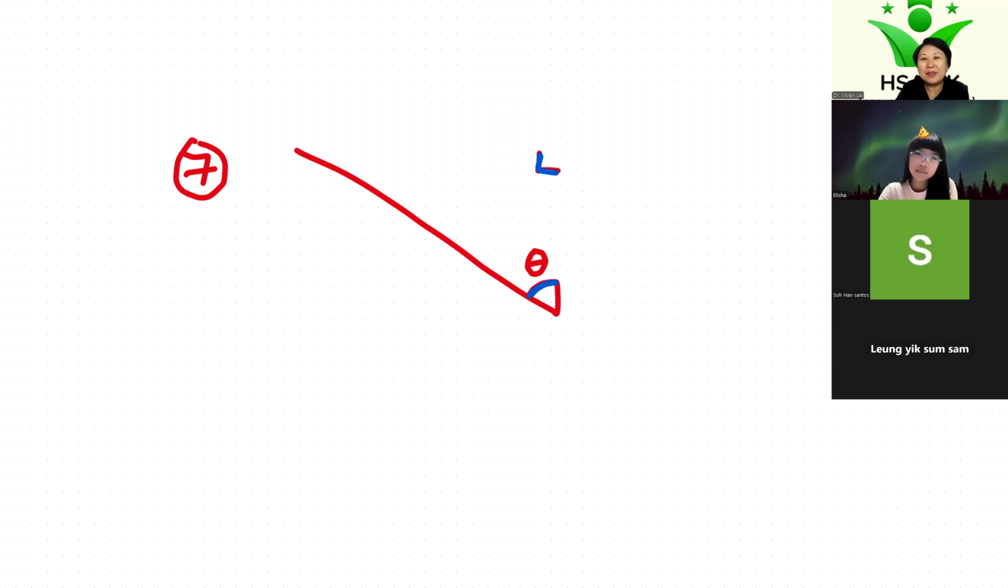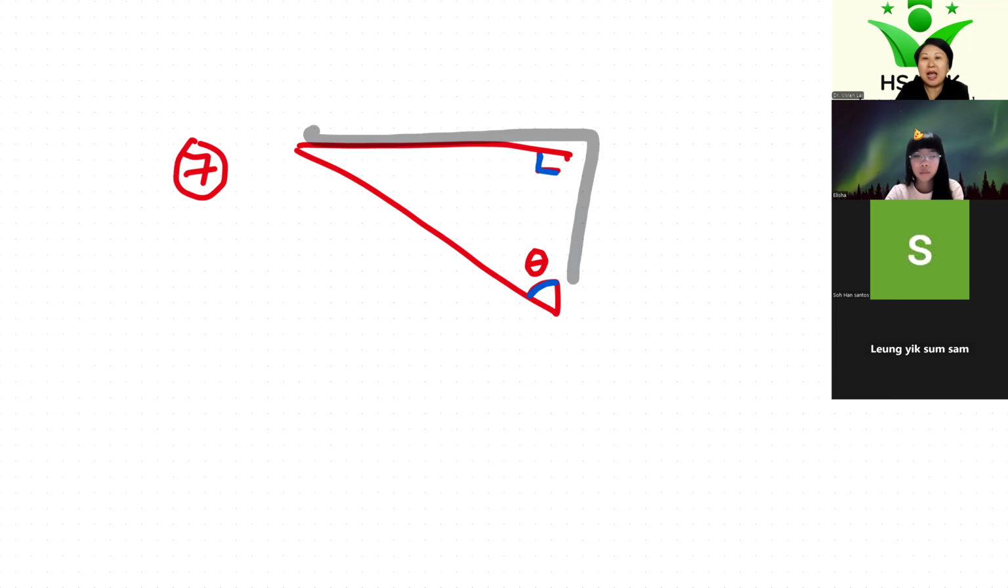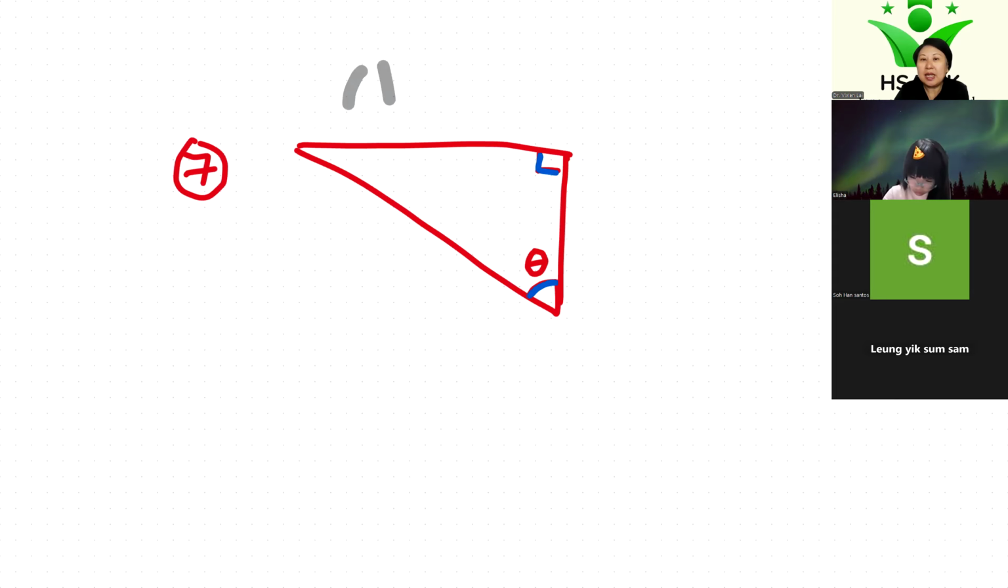Okay, I will try again one more time. No worry about it. We see the right angle and the theta. This line with the right angle and the theta, we call it A. Is it okay, Santos?